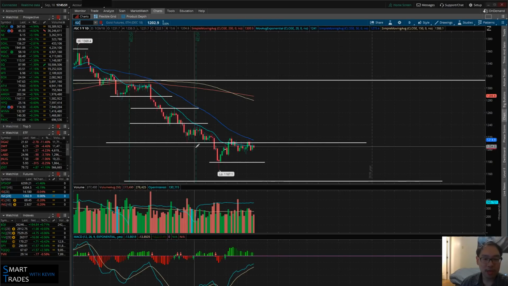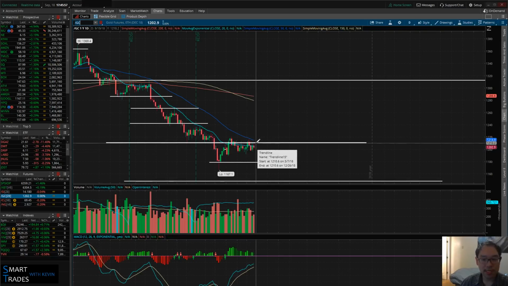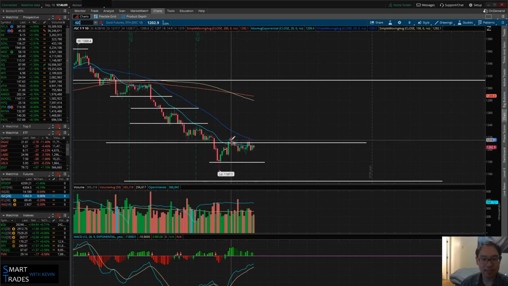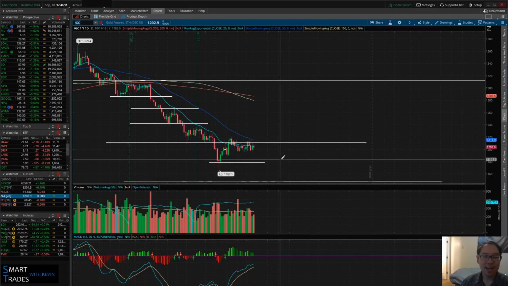However, if you look at the long term, it's not that convincing in terms of a break above the resistance of 1210. I'd really want to see a break above the resistance at 1210, 1211, and especially a close above there with a more impulsive move. I don't want to see a false breakout like something like this in the past. I do want to see some impulsive move to the upside. Right now it's kind of flat.